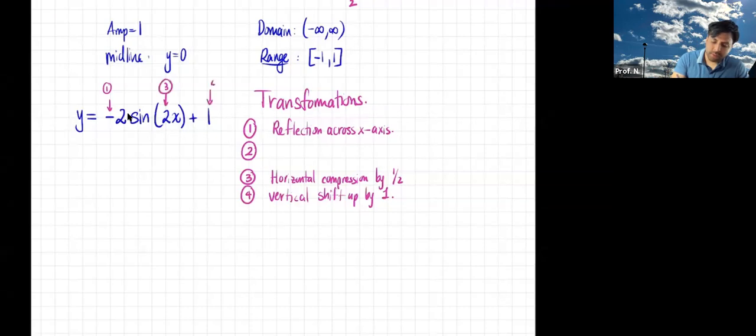This would be the fourth transformation. So we're missing the second transformation. It's a vertical stretch. That's right. That 2 here represents that vertical stretch. So this is a vertical stretch by 2 units, by a factor of 2.